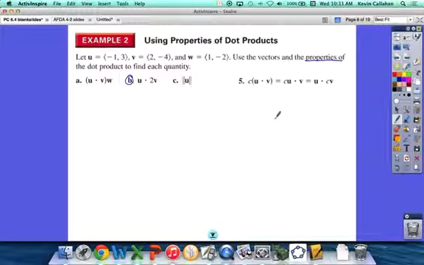We already did the u dot v, so there's no reason to do it again. What is this going to equal? Okay, this should equal 2 times u dot v, according to that property. But on the last slide, we did the u dot v. What was it equal to? Negative 14. 2 times negative 14, negative 28.